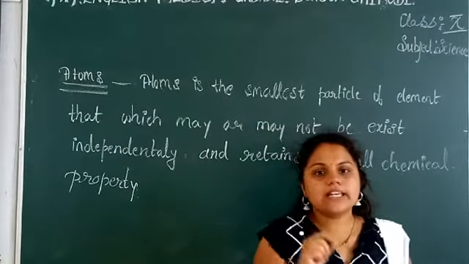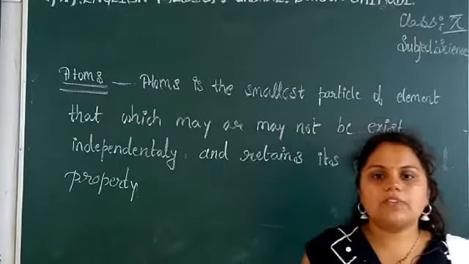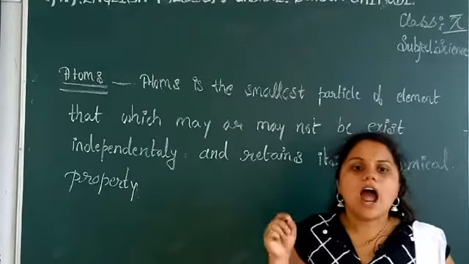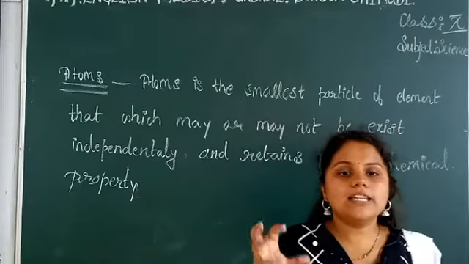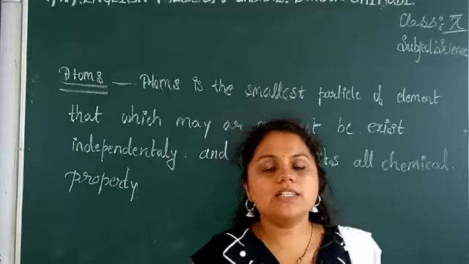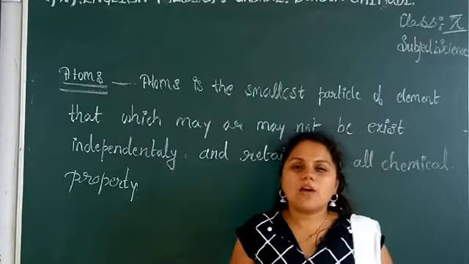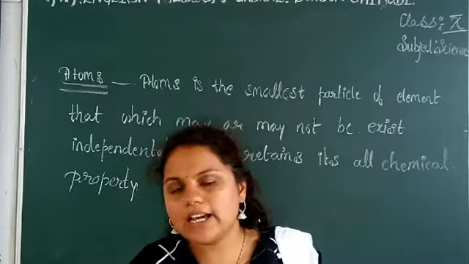Now, next thing, which we have already discussed in previous classes: atoms are very small in size, smaller than anything we can compare with. It means atoms are such tiny particles that you cannot see them with your naked eyes.